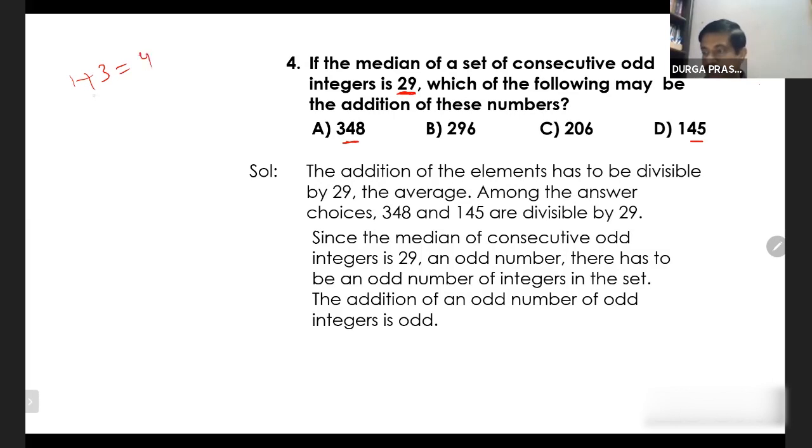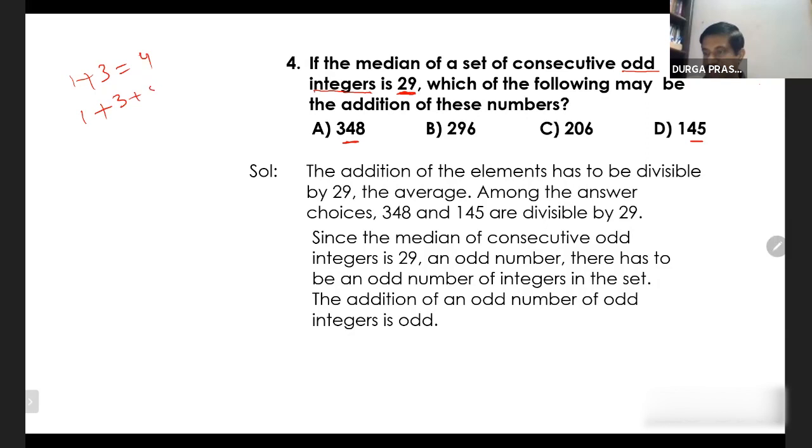When it is consecutive odd integers, it should have an odd number of integers.